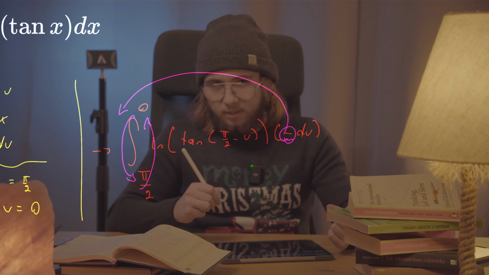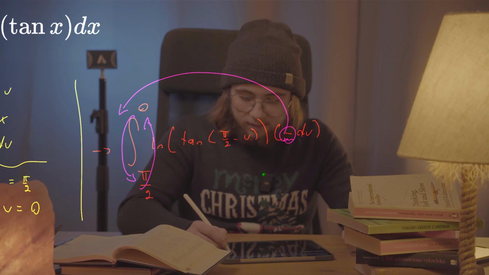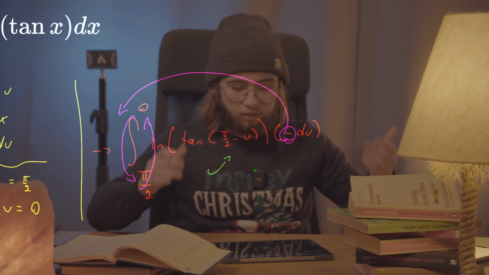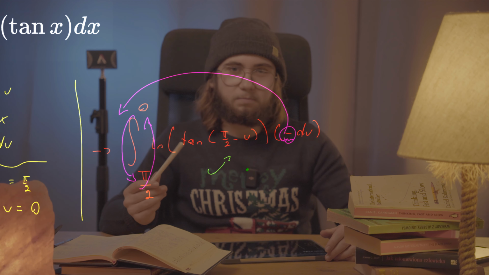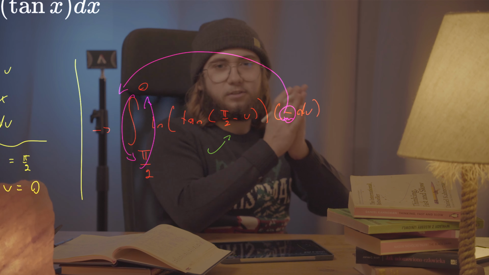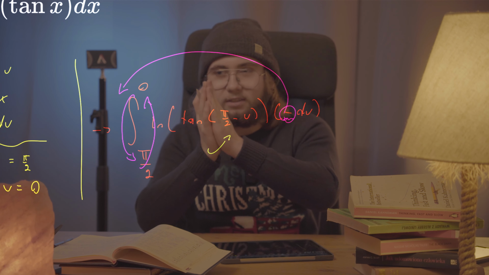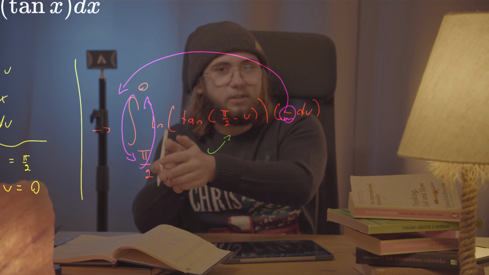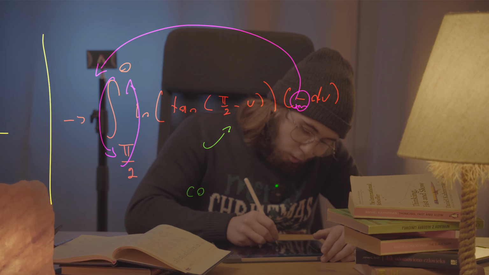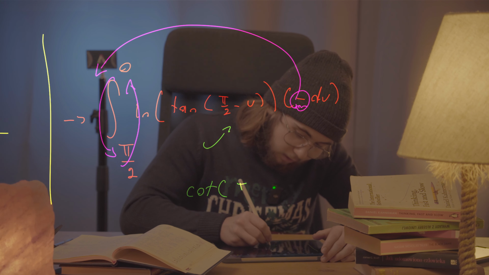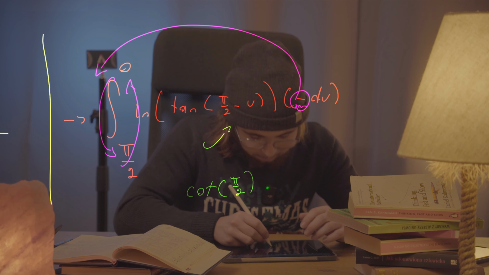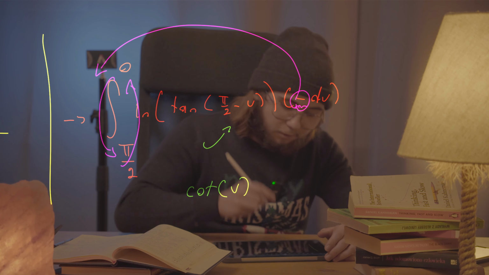And there's also a pretty interesting trick identity here inside of this tangent, which was actually the reason I did this u sub in the first place, honestly, because tangent of pi over 2 minus u, which is like the tangent of 90 degrees minus u if you're from Europe, is just the cotangent of u.